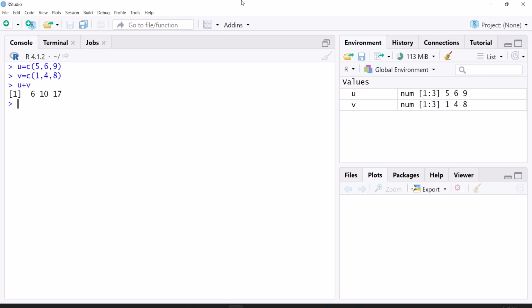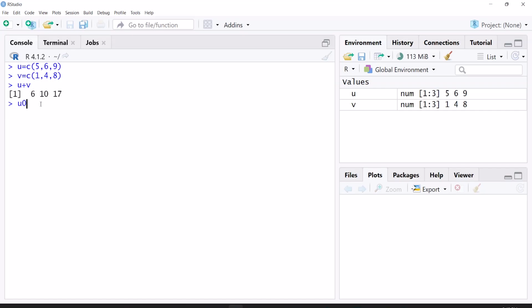Let's see how it is working. It is adding the first vector's first value, which is 5, to the second vector's first value, which is 1, and so on: 6 is added to 4 and 9 is added to 8. So the operation here is performed element-wise, each element is added to the other element.